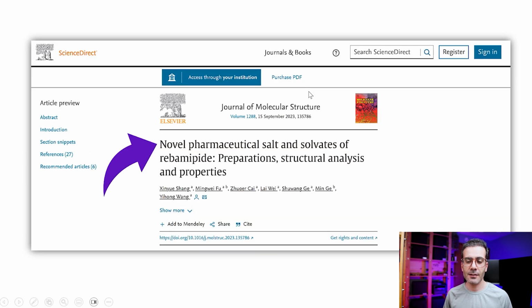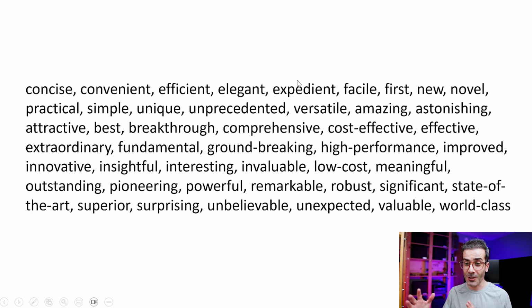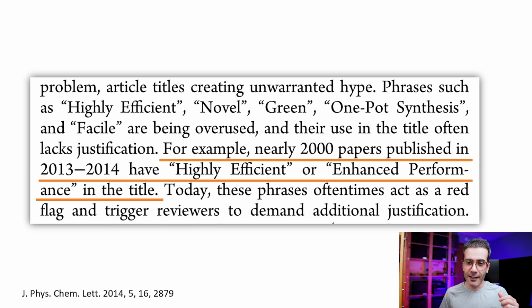The other thing is try to not use buzzwords. Here I'm going to list a bunch of them for you. You can pause the video and read them, but even some journals have said clearly in their guide for authors that you should not use any of these words in the title. Here is a paper that I have cited down here.